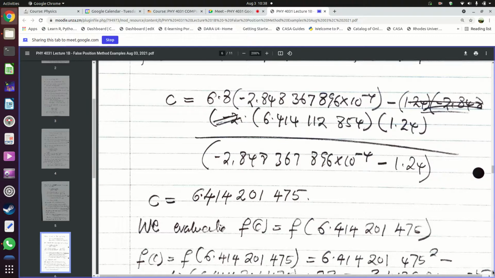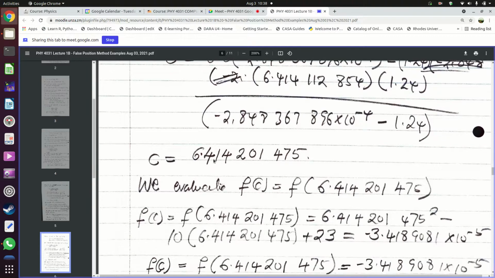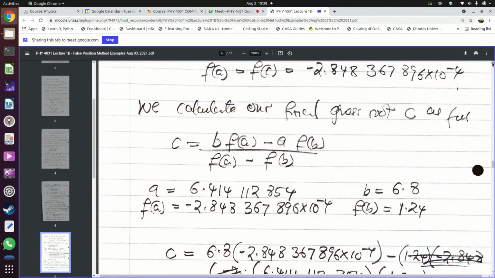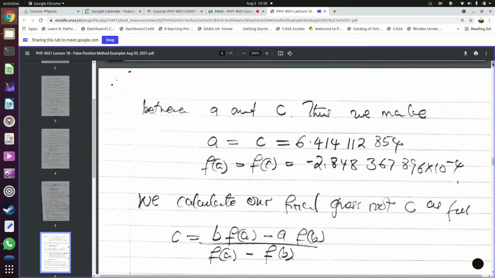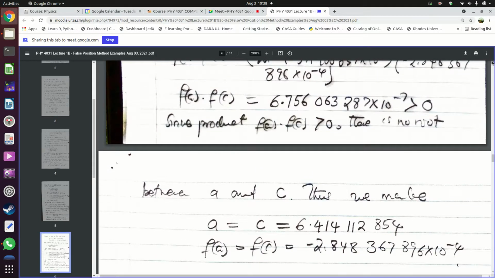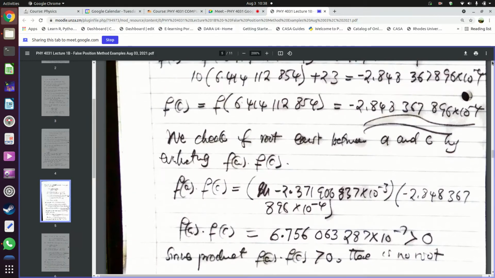And of course, if you work out the value of the function at this final value of c, we have worked out 6.414,201,478. You see that even the increase we have got is just times 10 to the power minus 5. The previous one we had for our C value was times 10 to the power minus 4. So we haven't got much. We are gaining very little the more we do this.